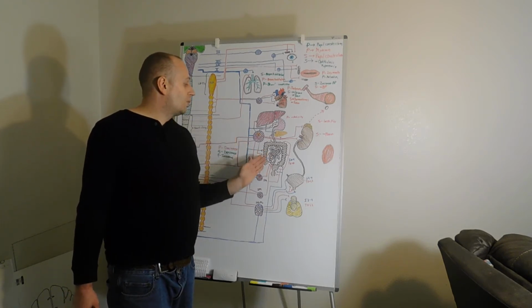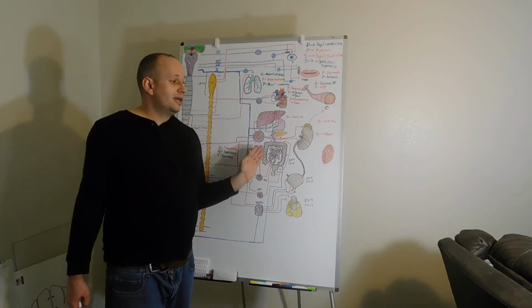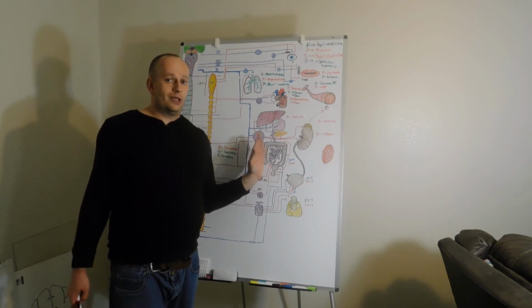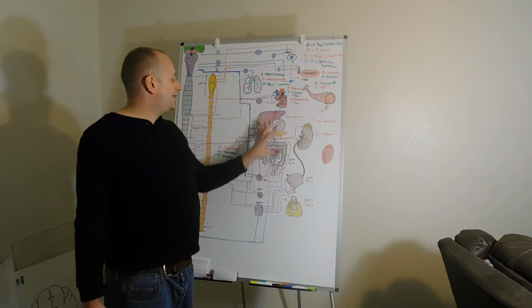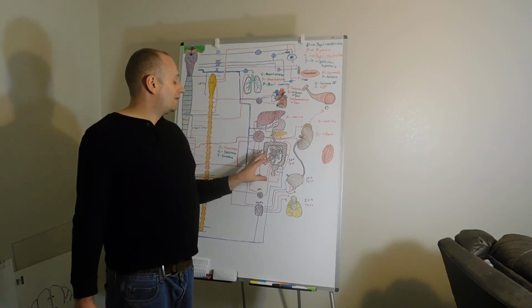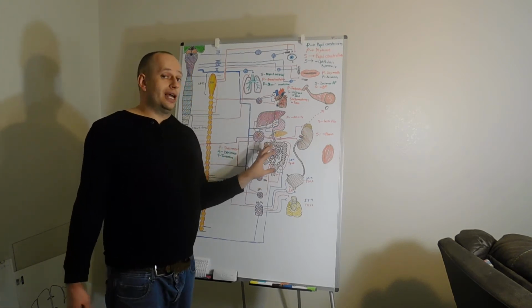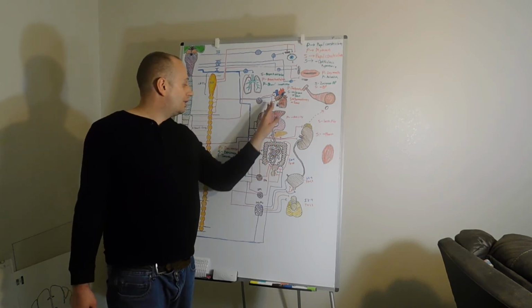So morphine is still going to inhibit at the terminals of the neurons.